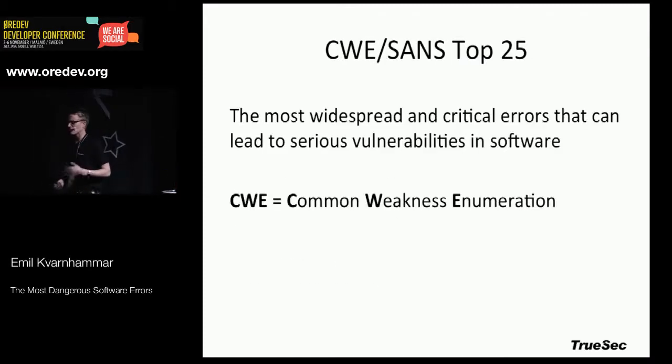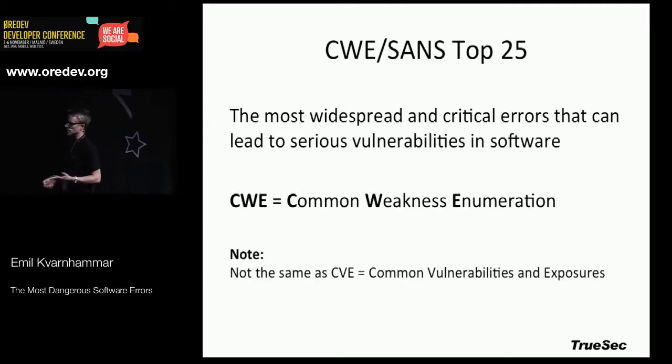So we're going to talk about the CWE SANS Top 25 instead. CWE stands for Common Weakness Enumeration, and this is not the same as CVE, which is basically an identifier for a known vulnerability in some kind of software.